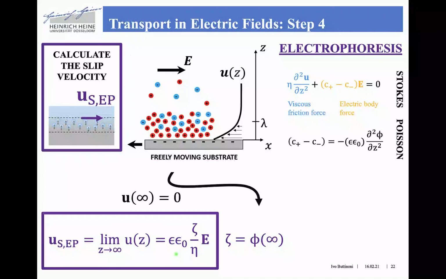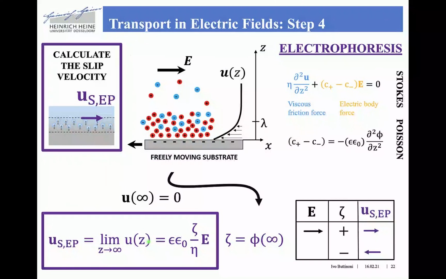And also the sign of the slip velocity changes. So as a result, due to electrophoresis, positively charged particles migrate in the direction of the external electric field, whereas negatively charged particles are driven in the direction opposite to the electric field.